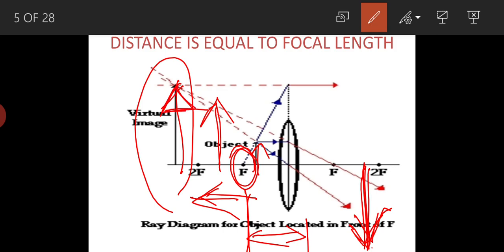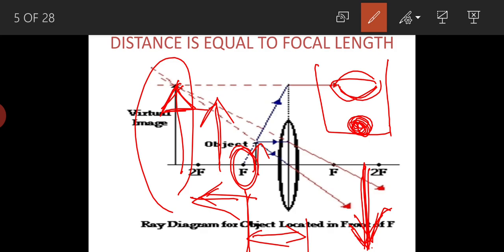So in this activity, to see the image of the stone placed at the bottom of the beaker with the help of a convex lens, we need to place the lens within its focal length. If you lift it beyond the focal length, then you cannot see the image of the stone.